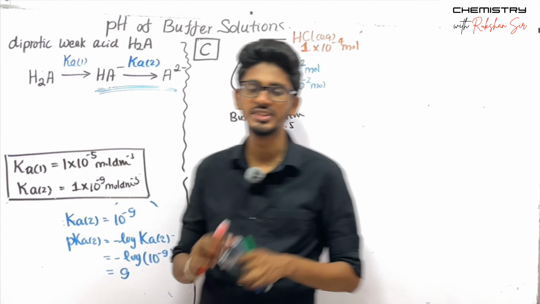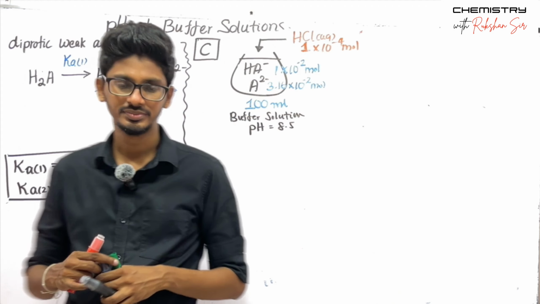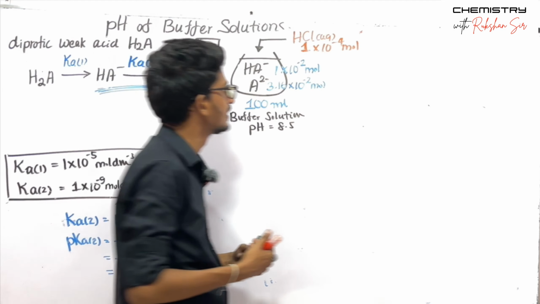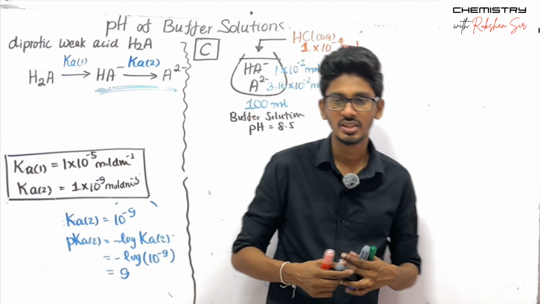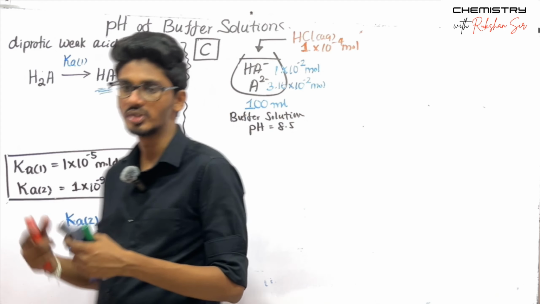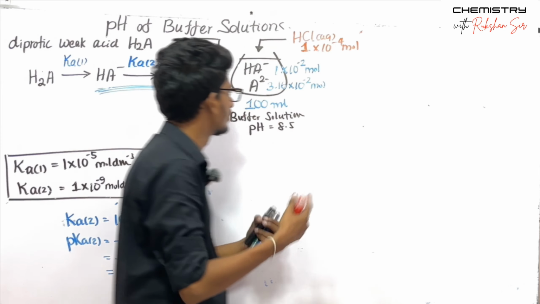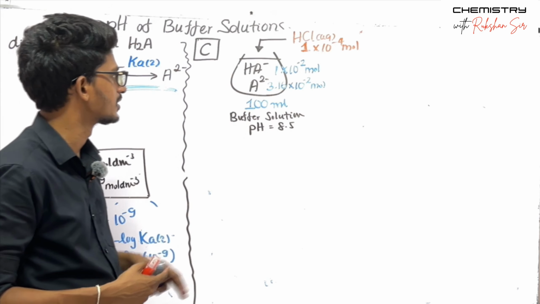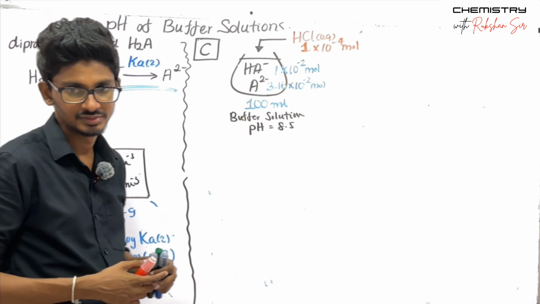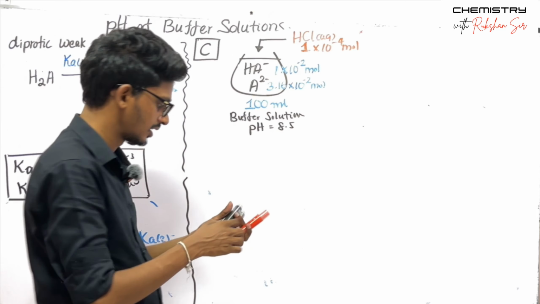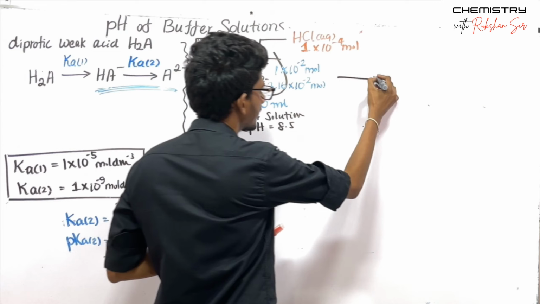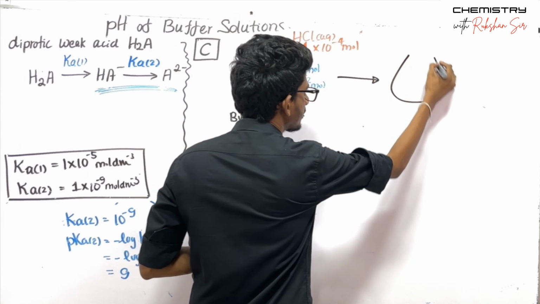Some 3 units of pH change occurred when adding this amount of HCl as well as NaOH to neutral water. Now we are going to calculate what kind of pH change would occur with this buffer solution if you add the same amount of HCl, the strong acid. So we are supposed to come up with the pH of the final solution here.